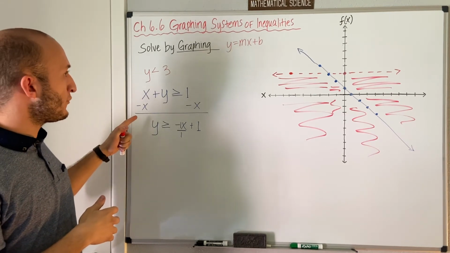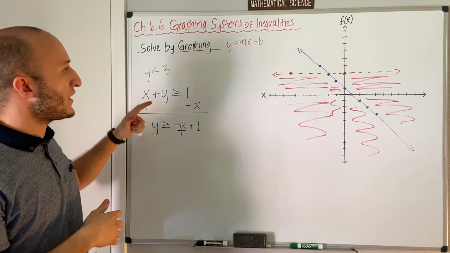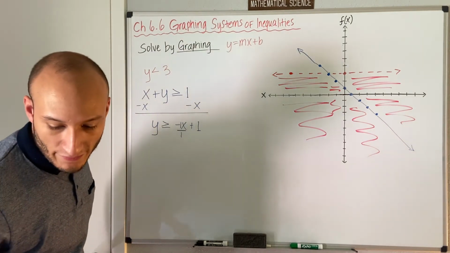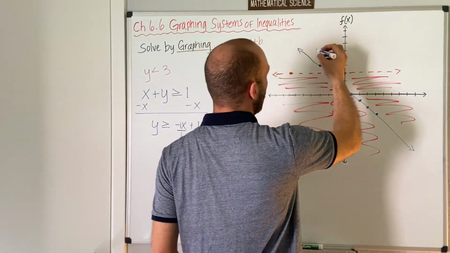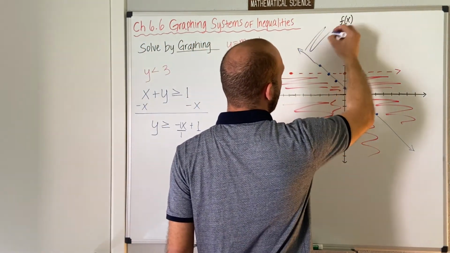Now notice for the other one, I have y is greater than, so I'm shading everything above it. Here for the blue one it is greater than or equal to, so I'm shading everything above it.